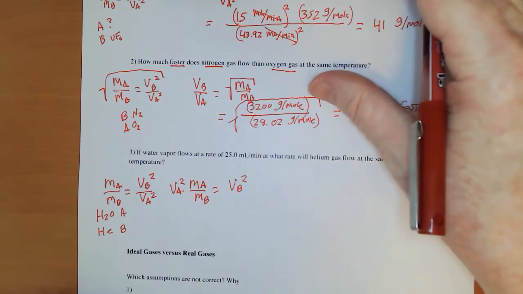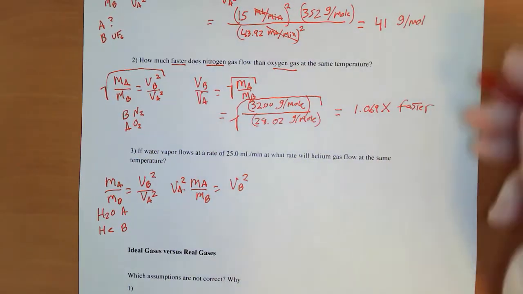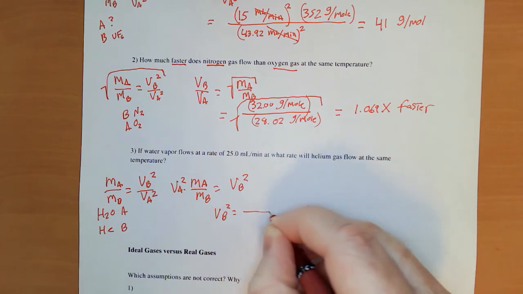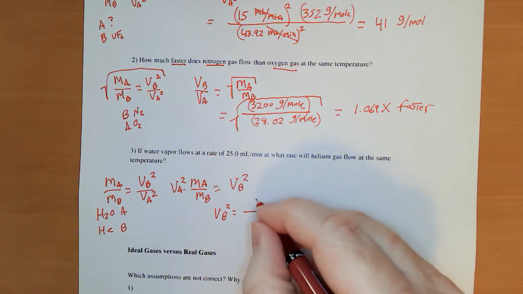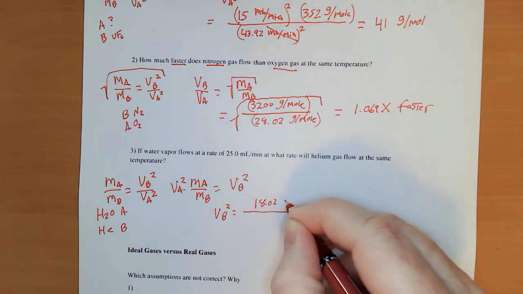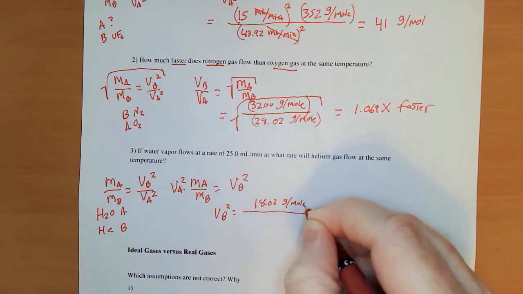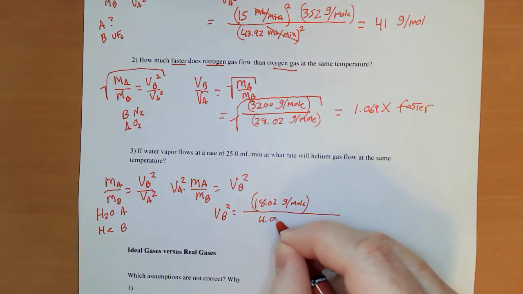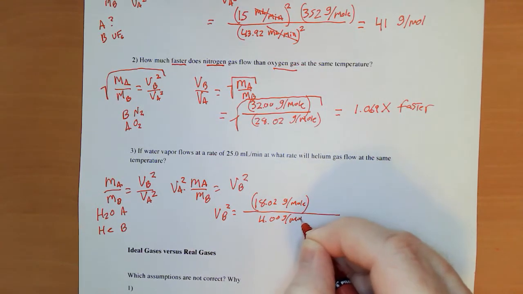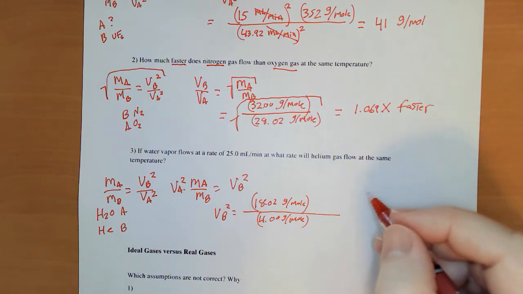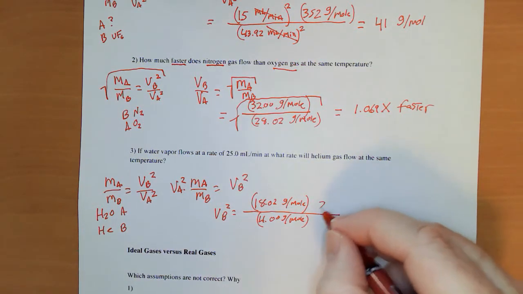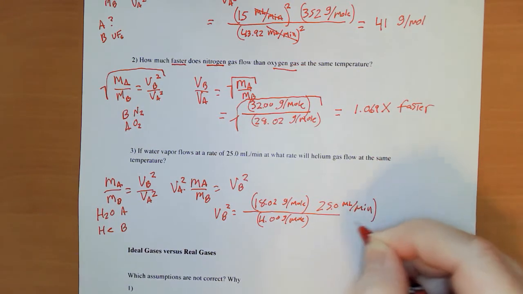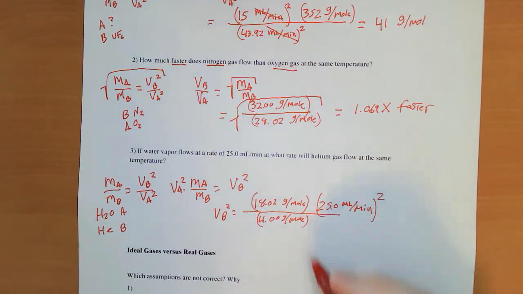Now, velocity of B squared equals mass of A, that's water, that's 18.02 grams per mole, over B, helium, which is 4.00 grams per mole, times velocity of A squared, 25.0 milliliters per minute, squared.